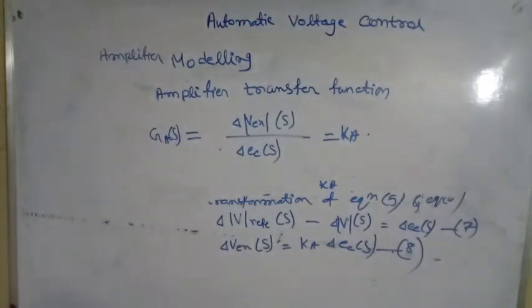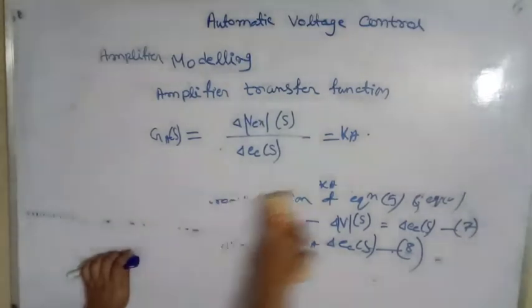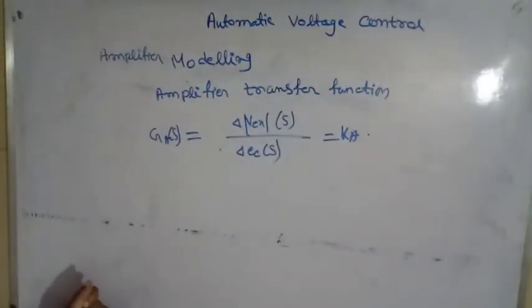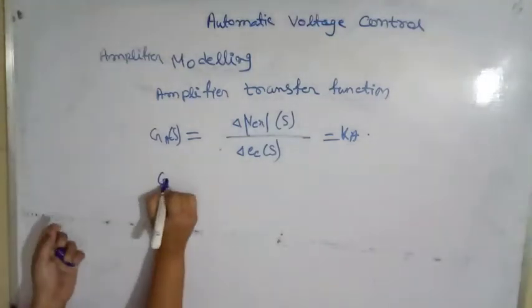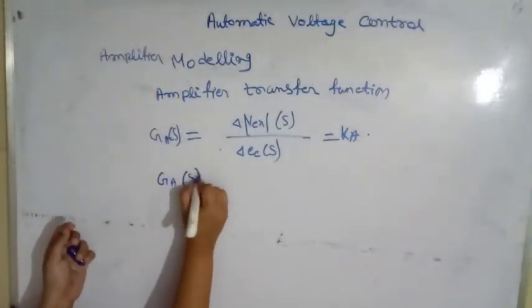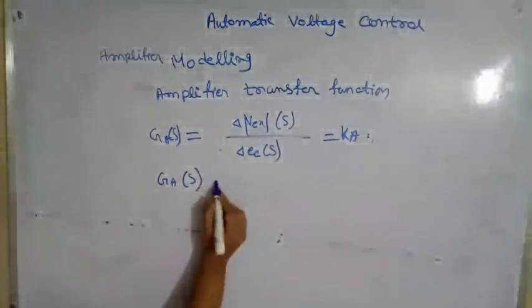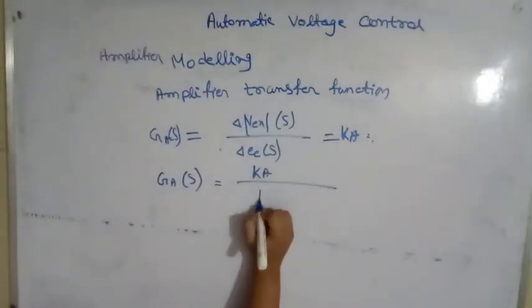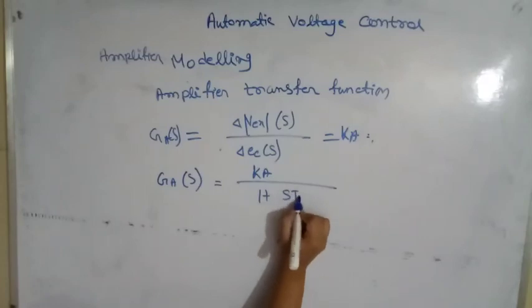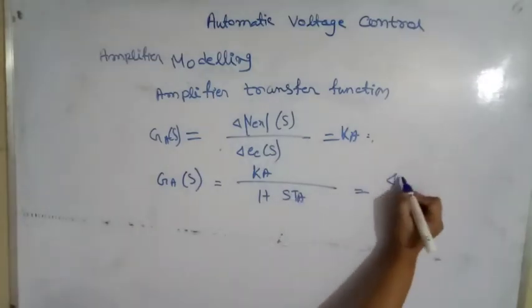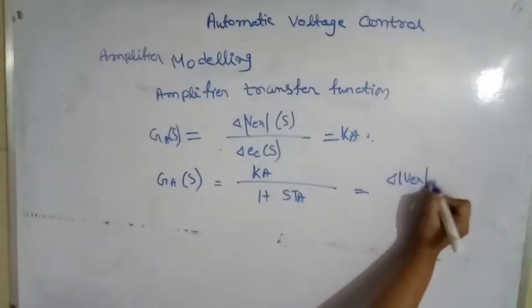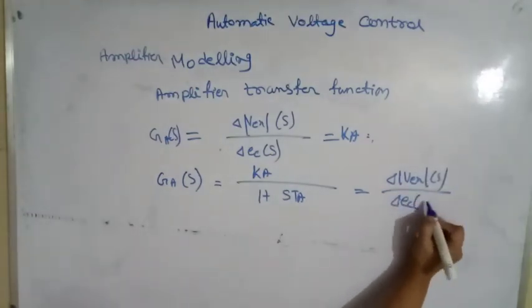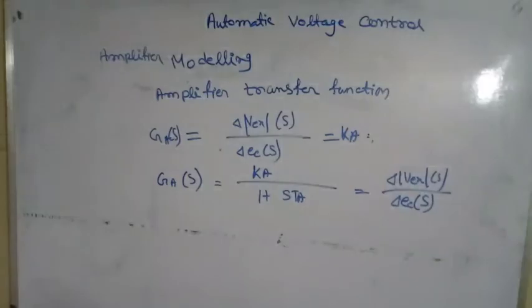In that case the amplifier transfer function is equal to Ka by (1 plus S Ta), which is delta Vex(S) by delta Ec(S).